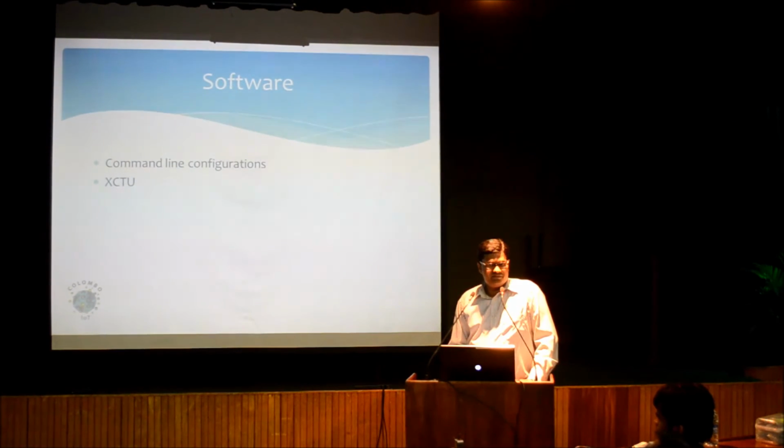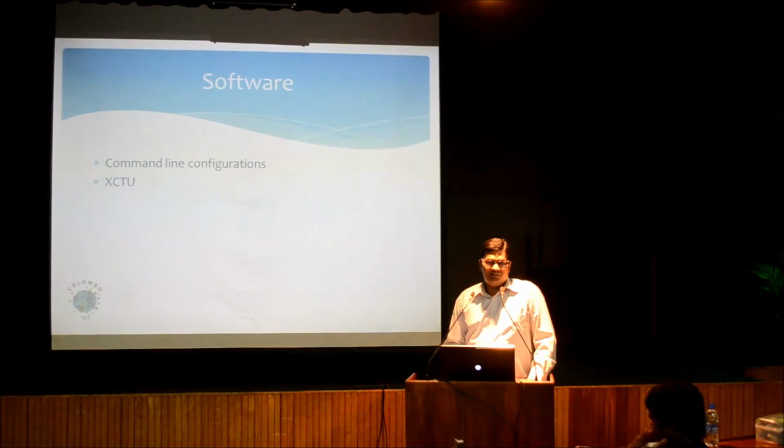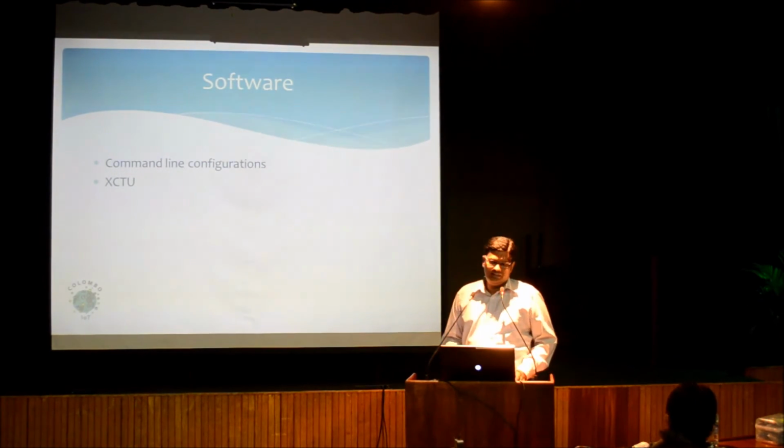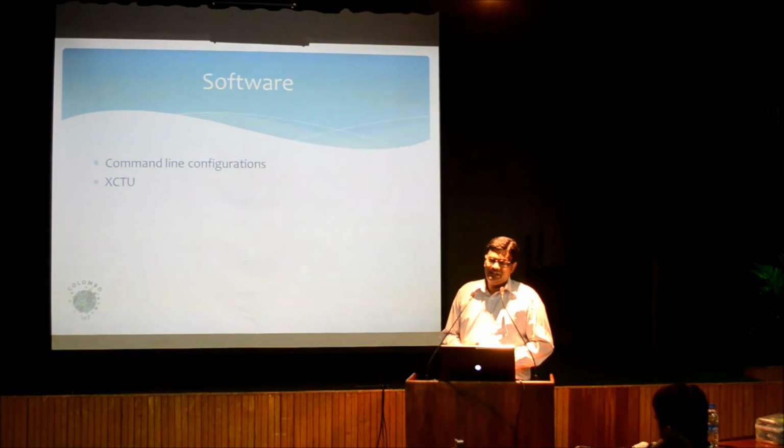So you can configure your XBees through command line configurations, but it's a little bit difficult when you are working on a prototype project, and you might need to find an easier way. So there's a way. It's called XCTU, which is also provided by the company who developed these XBees.